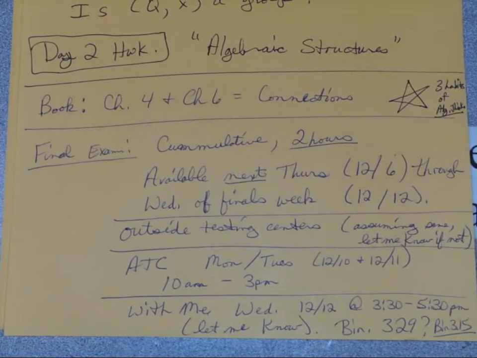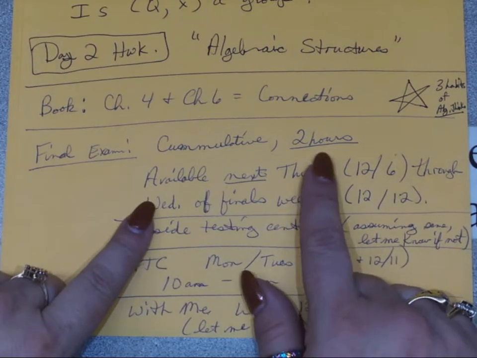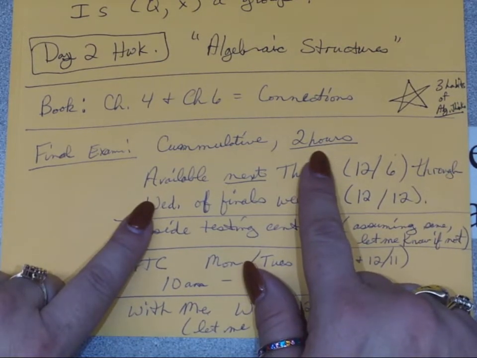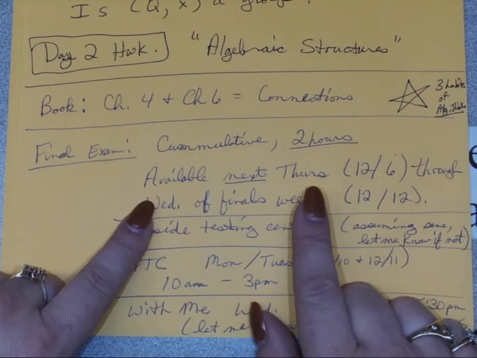If I have time, I will probably put together some sample questions, but really, any sample question sets that I would come up with would be minimal, and you would still need to look back at your exams, so make sure you can do that. So the information you are interested in is, it's a 2-hour exam. It might not take you the full 2 hours, but that's how much time I've allotted.